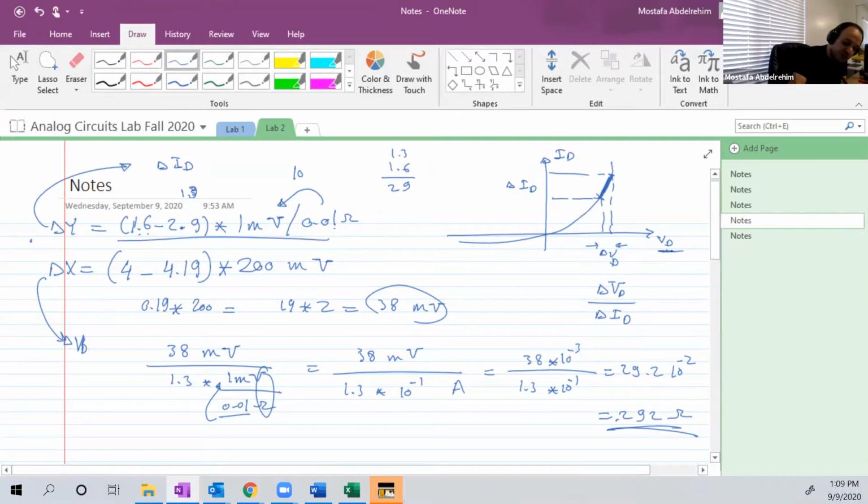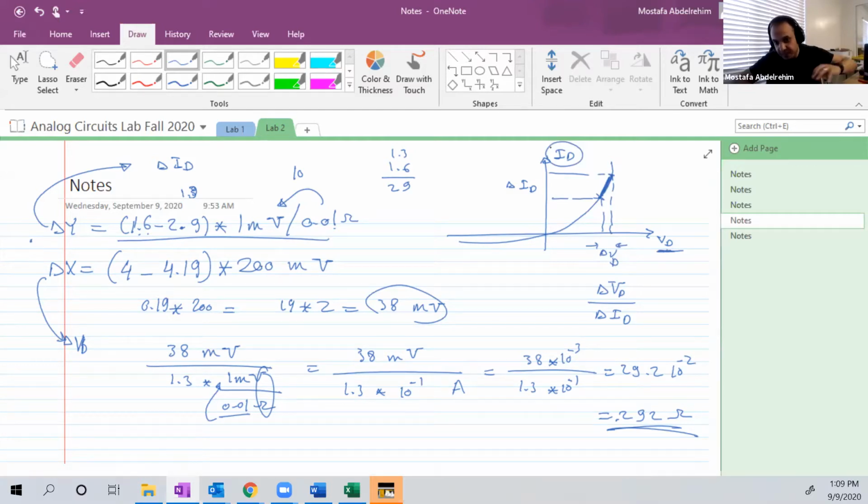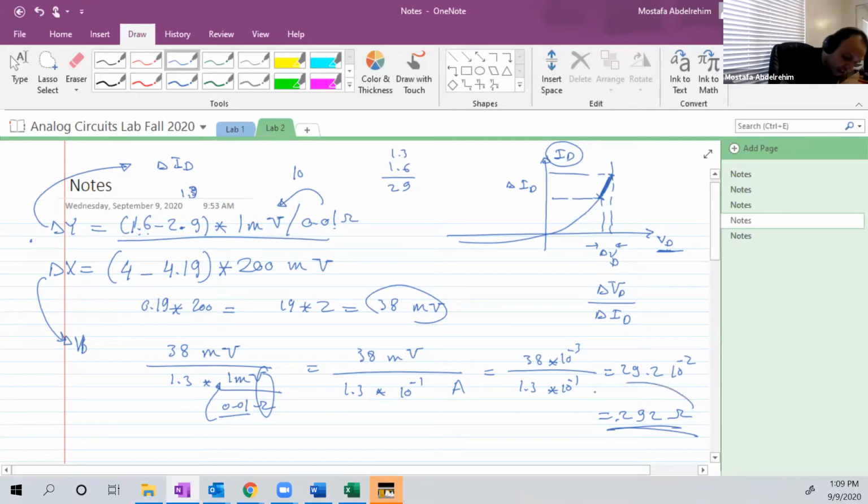This is the voltage across the diode. This ID should be the current across the diode. We can't measure it directly, so we put in this resistance. We couldn't put it as 1 ohm, so we must change it to some very small value, 0.01, something very small.